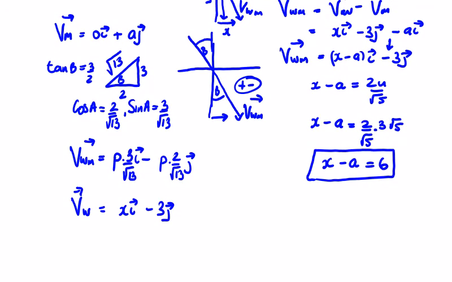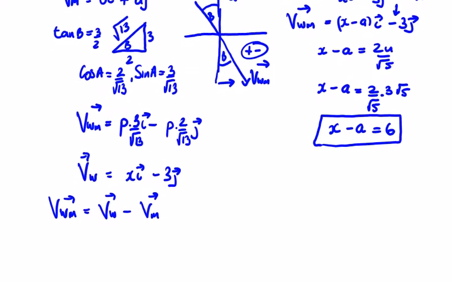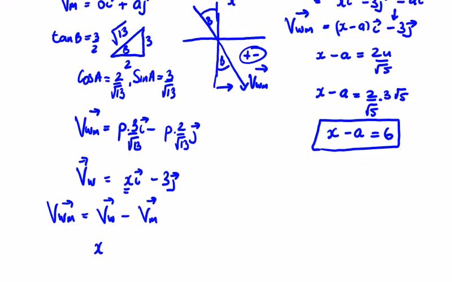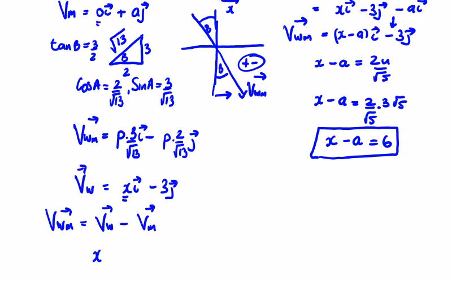So if we set up our velocity of wind relative to the man being the velocity of wind minus the velocity of the man, we're going to get x, the x component of the wind, minus 0 up above. So that's just x. And then in the j direction, we're going to have minus 3 minus a in the j direction.